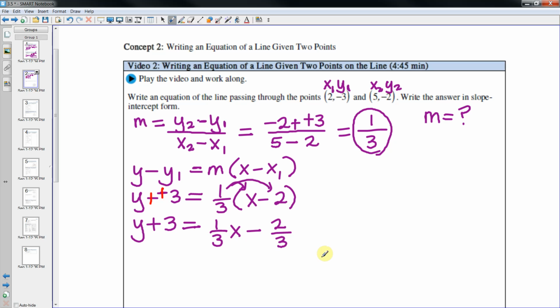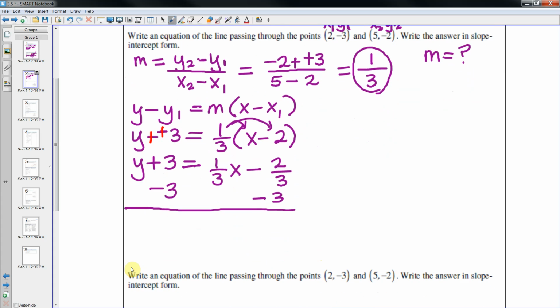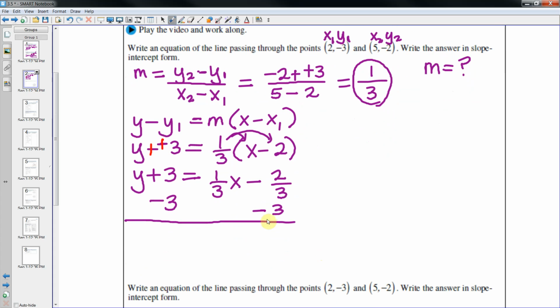Now, again, sometimes they'll let you leave the answer like this. I like you to put it in slope-intercept form, so we're going to need to subtract 3 from both sides. So we're going to have to either pull out your calculator and do that subtraction with the negative 2/3 and negative 3/1, or make some equivalent fractions.